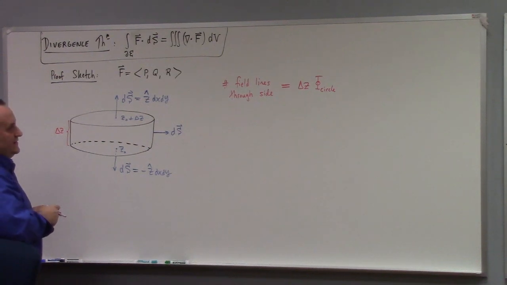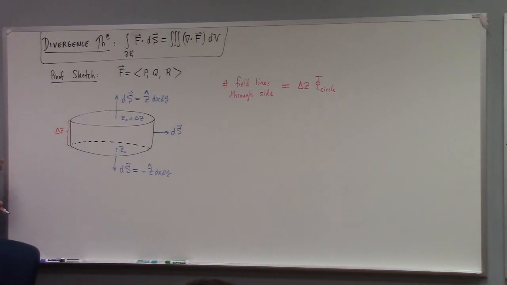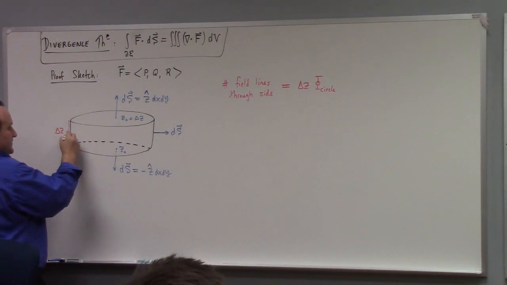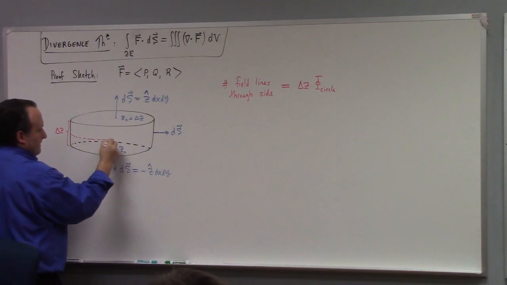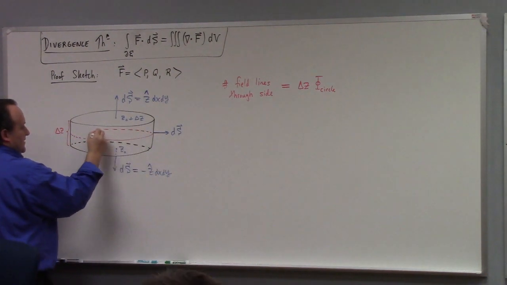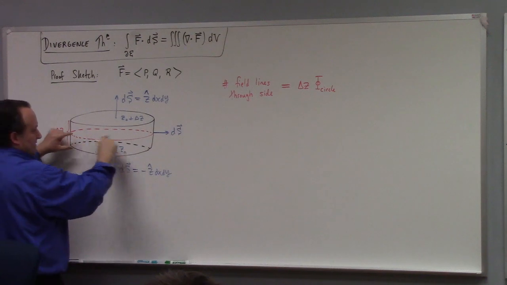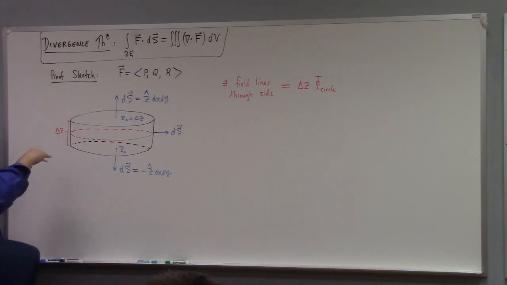I say any circle I want in there, because if delta z is small, then the number of field lines that go through that circle is the same as the number that go through each one. So if I want the total number of field lines, I just take that times that.